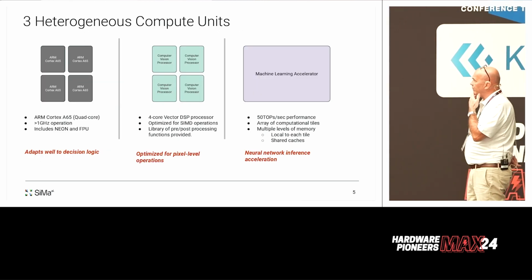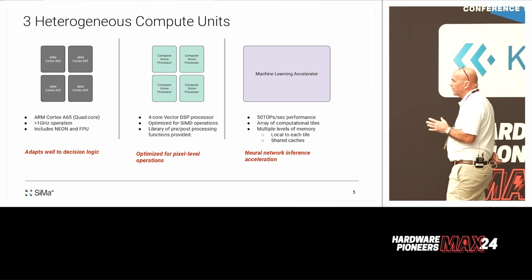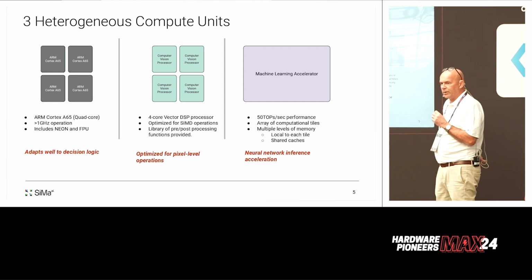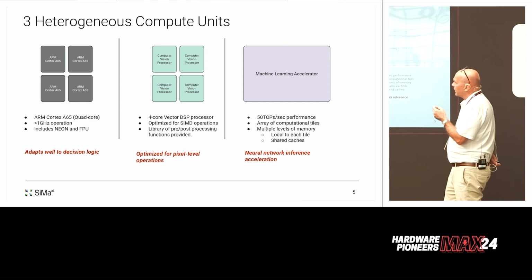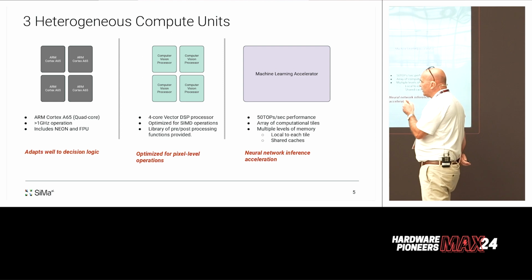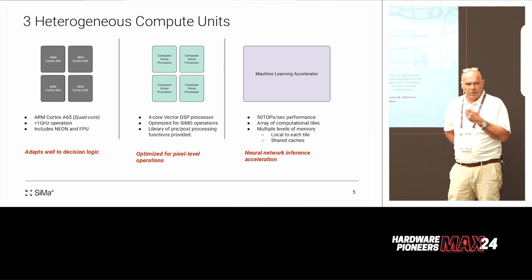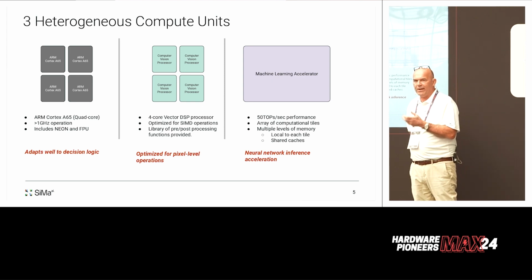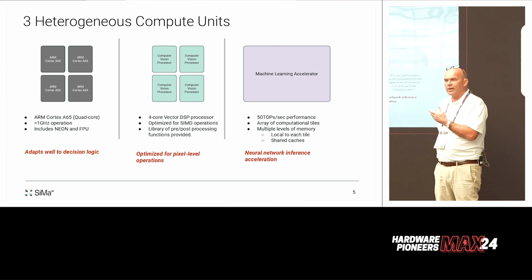So if we look a little bit more in detail at those three heterogeneous compute units, and why did we come to this choice? It'll become clearer in a minute when I explain how the pipeline maps to the device. So when you come to the decision logic at the end of the pipeline, nothing lends itself better to that kind of what if then else scenarios that you take with decision logic than a generic CPU.